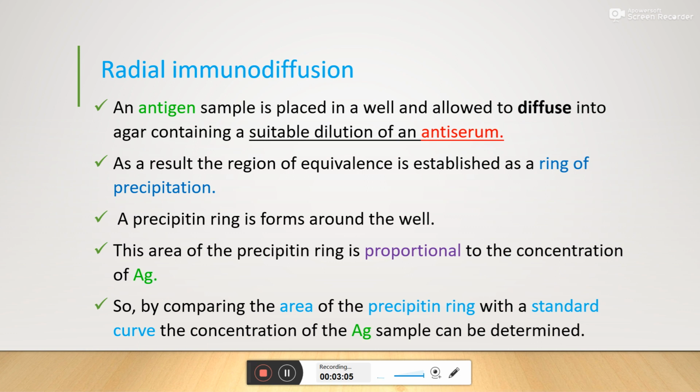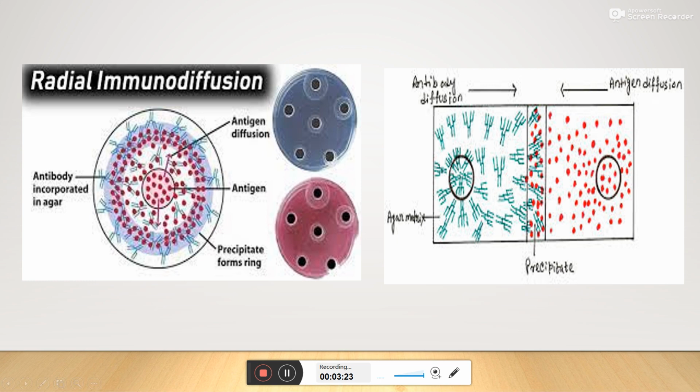The agar contains a central well where we can add the sample antigen, and then they are allowed to diffuse and interact. So this is the radial immunodiffusion: the central well where we add the antigen, and the agar matrix which is incorporated with antibodies.